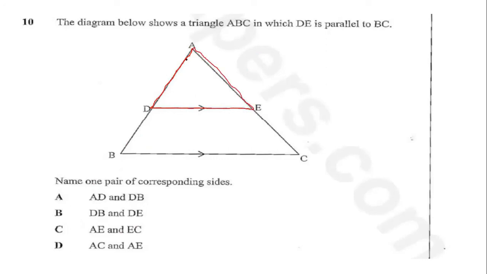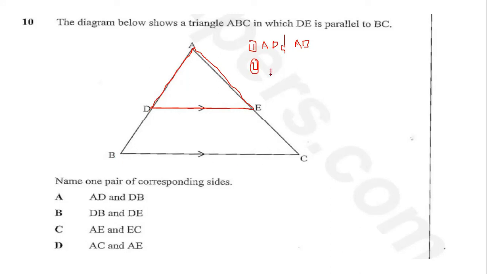Now, if you use similarity and congruence, then the smaller side will be compared to the bigger side. For example, this AD can be compared with this. So AD and AB are actually corresponding. That is the first thing. Then the second, this is the base of the smaller one, and this is the base of the bigger one.